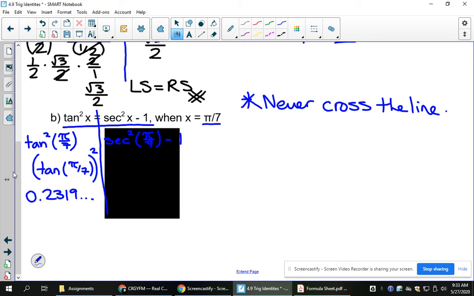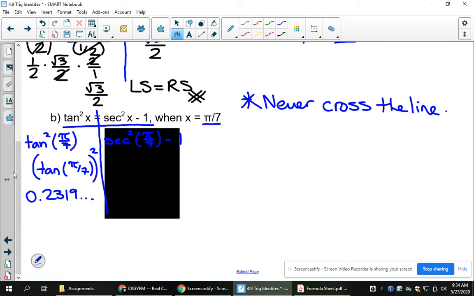Now I'm going to do the other side, but the problem with the other side is I don't have secant on my calculator, and nobody's going to have secant on their calculator. Some of the TI Inspires do, but we actually shut that function off when you take the diploma.